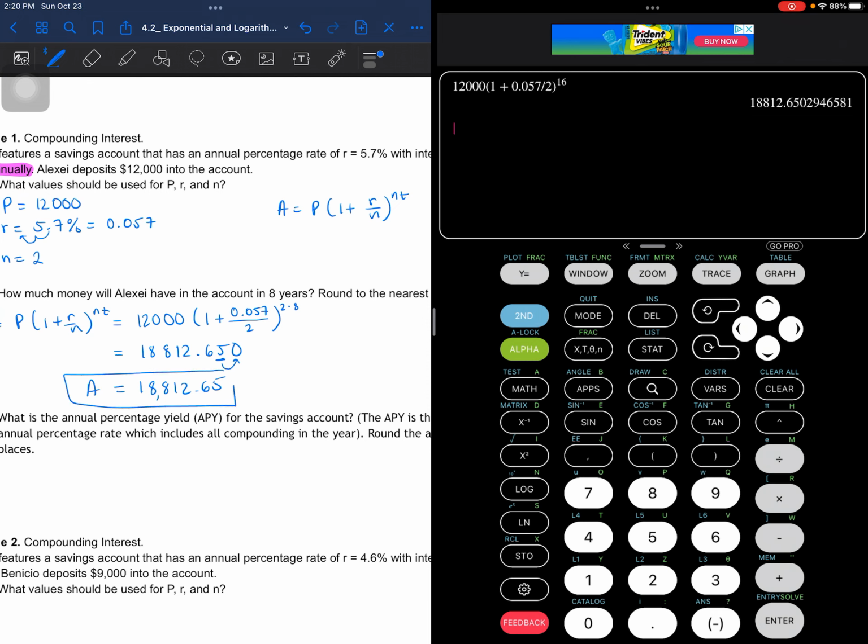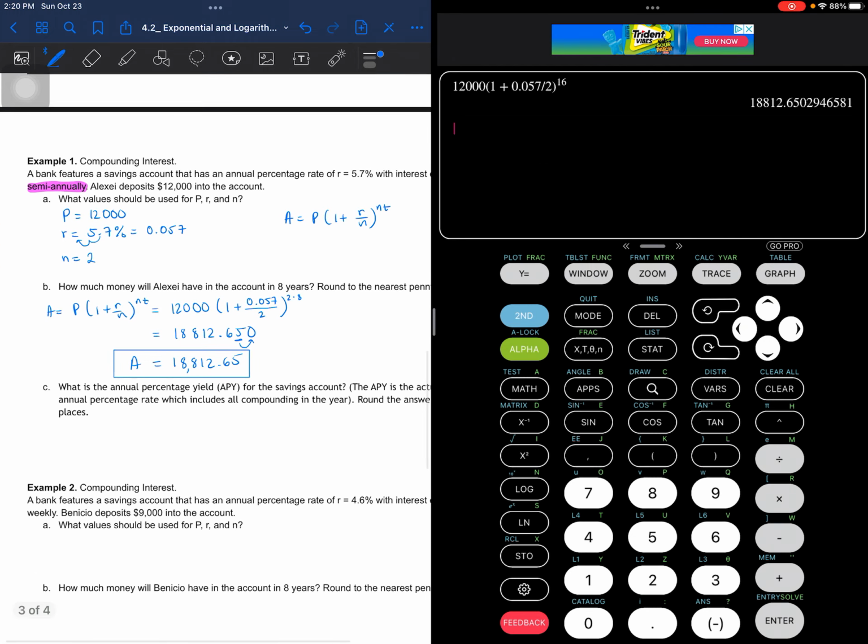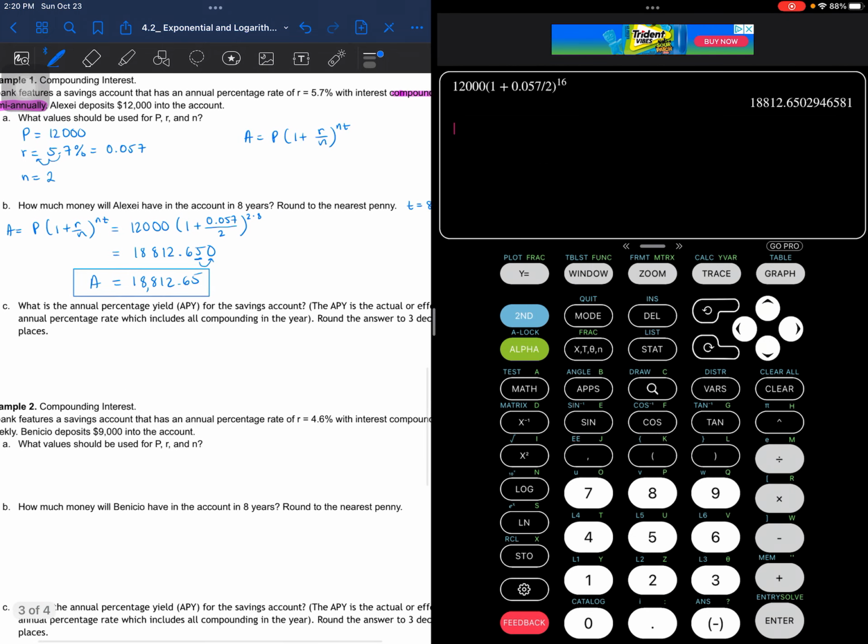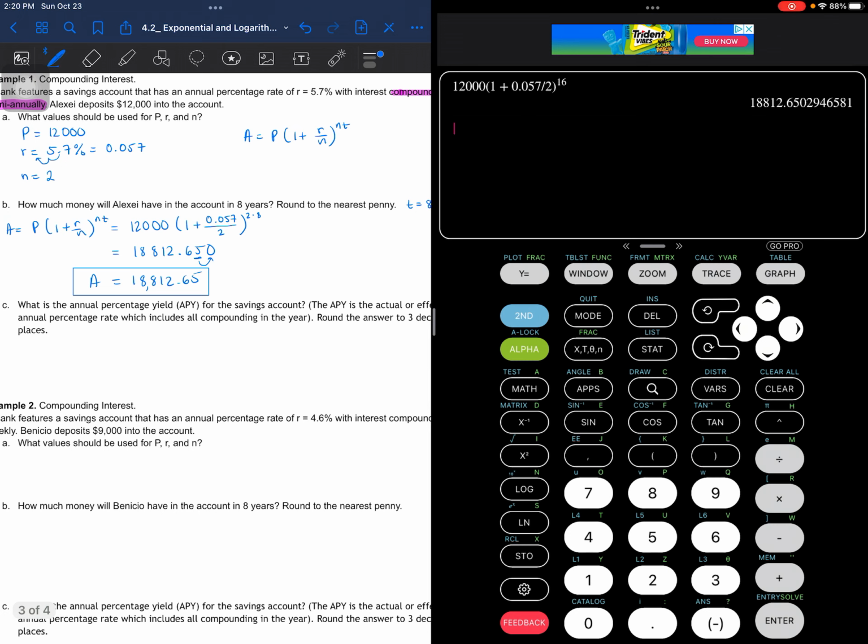Since 0 is less than 5, we're staying the same, right? When we round, it tells us whether we're going to be rounding up or staying the same. And there you go. So that is how much Alexi is going to have after 8 years in an account compounded semi-annually.